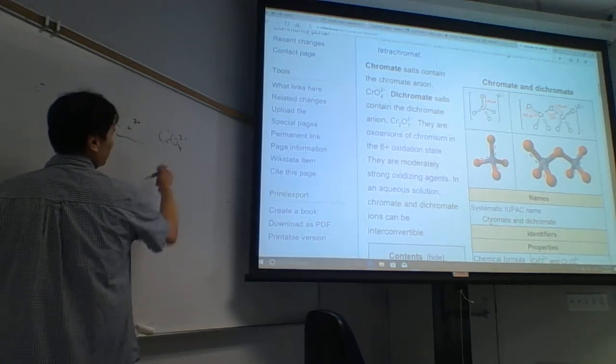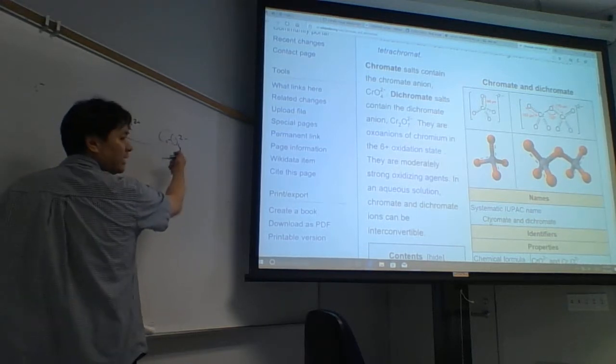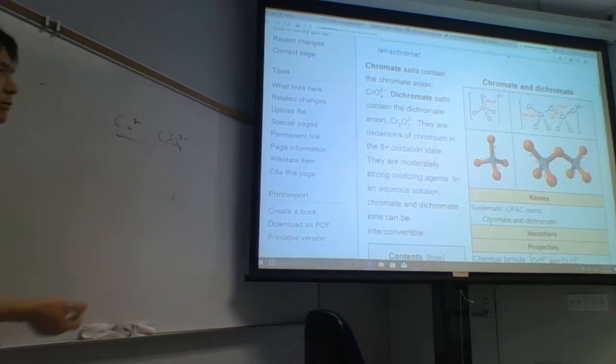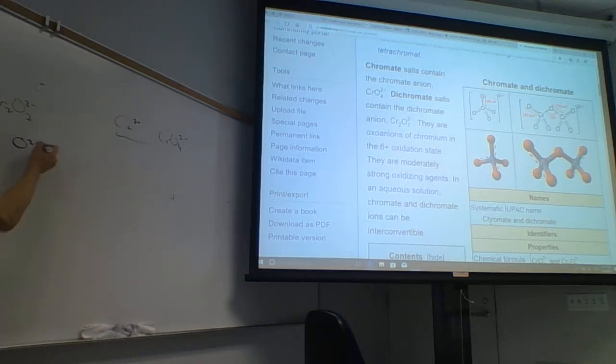If you take two chromates, it would be Cr2O8, but it's not, because we have to drop one of the oxygens, so it's actually Cr2O7, 2 minus. And so if we look at dichromate, then we have 7 oxides: 1, 2, 3, 4, 5, 6, 7 oxides and 2 chromium.